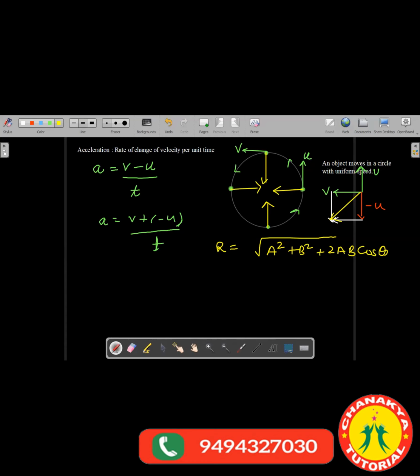So if you have a uniform circular motion, it is an accelerated motion, and this accelerated motion is not a uniform acceleration. This is a non-uniform acceleration, right?